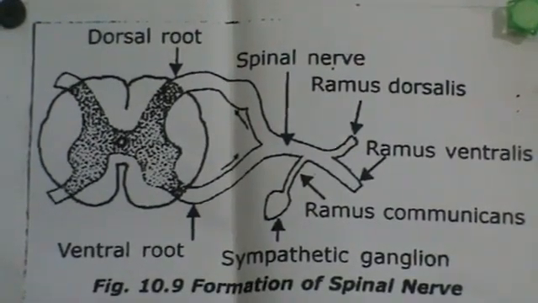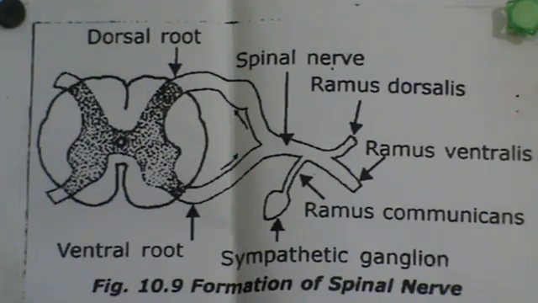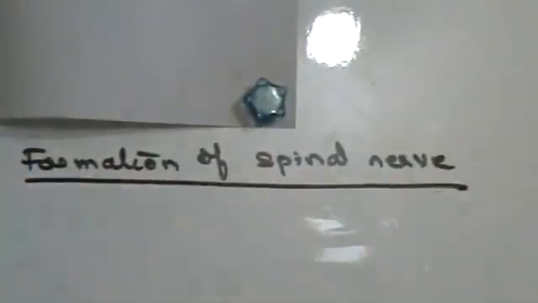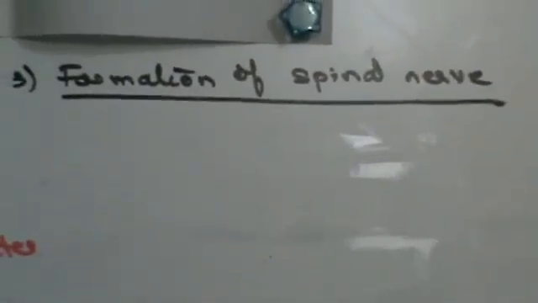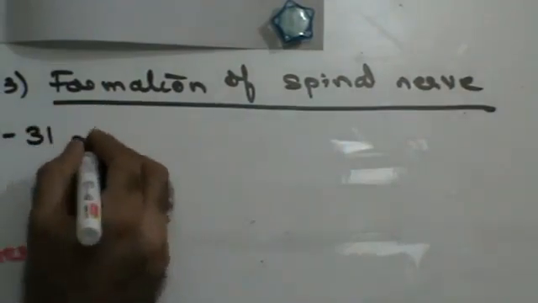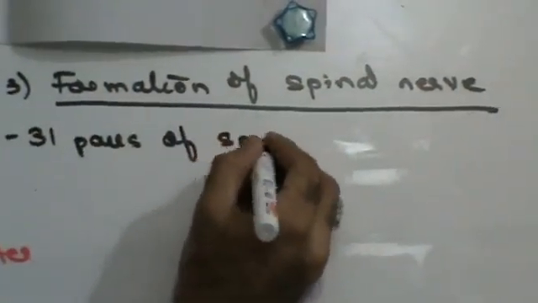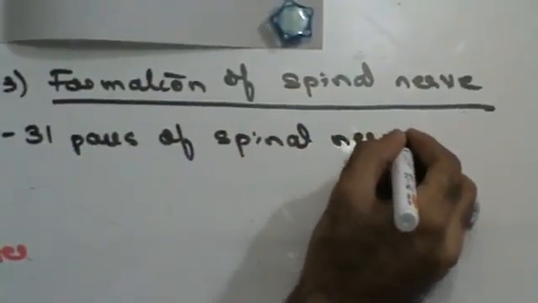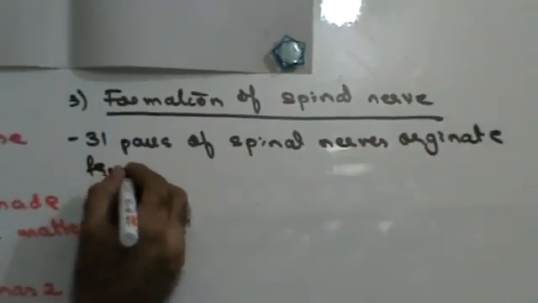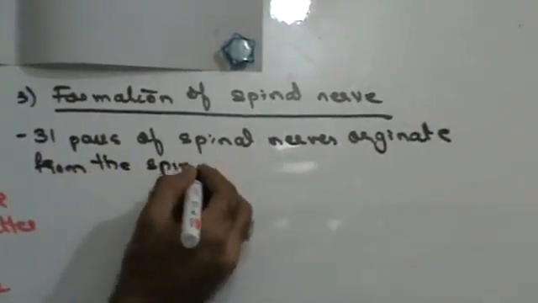Let's see the formation of spinal nerve. I can say 31 pairs of spinal nerves originate from the spinal cord.